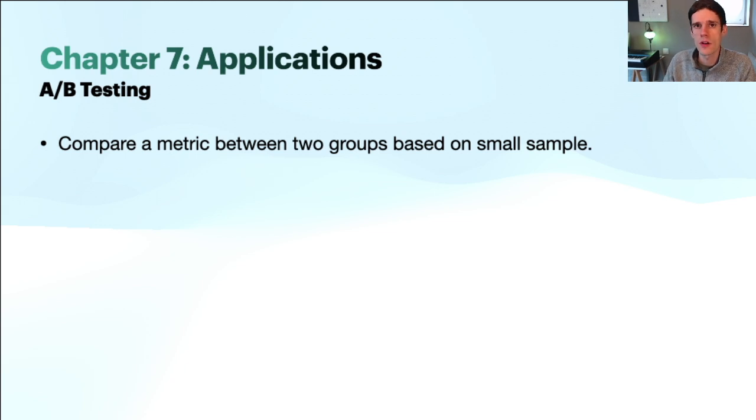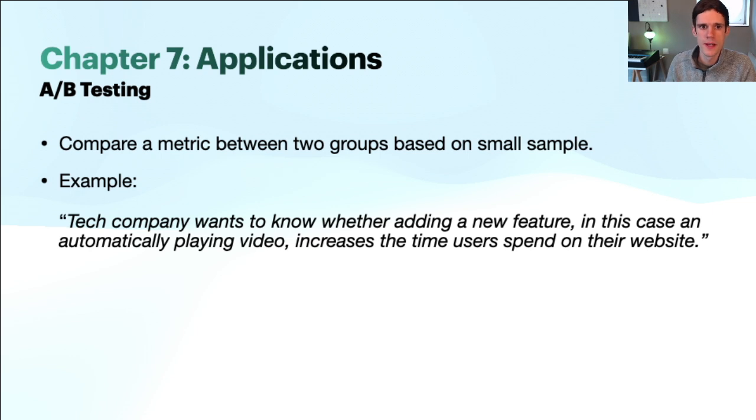So let's start our example A/B test by looking at the problem statement. A tech company wants to know whether adding a new feature to their website, and in this case the new feature is an automatically playing video, will increase the time users spend on their website. And thus in this example, this company wants to compare a metric, which in this case is the time users spend on their website, between two scenarios, with a video on their website and without the video on their website.